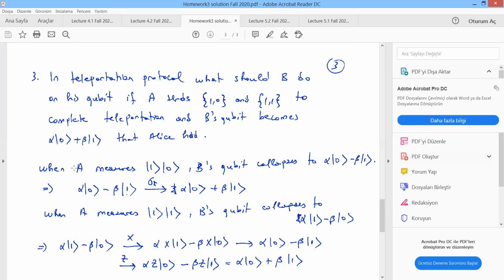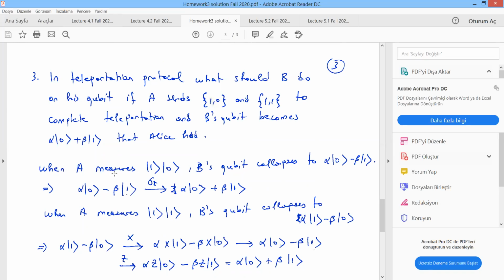But now, let's suppose, remember there were 4 states, and Alice was doing a measurement on her qubit, and the outcomes were equally probable, with probability of 1 over 4 each one of them.